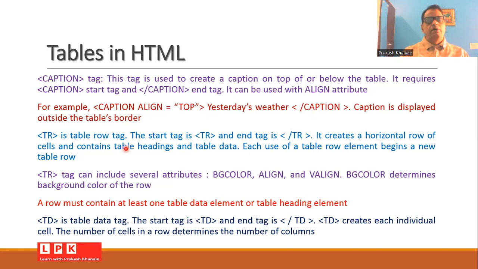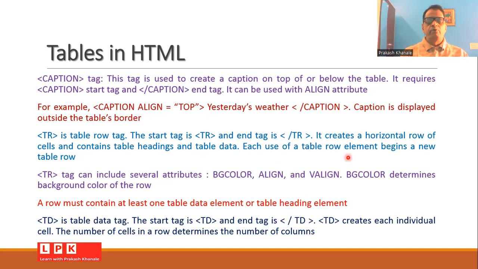There is a tr tag, and this tag is a row tag. The start tag is tr, end tag is /tr. It will create the horizontal row of the cells and contains the table headings and table data. Each use of the table row element begins a new table row.